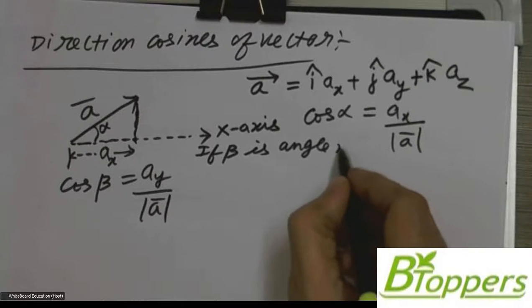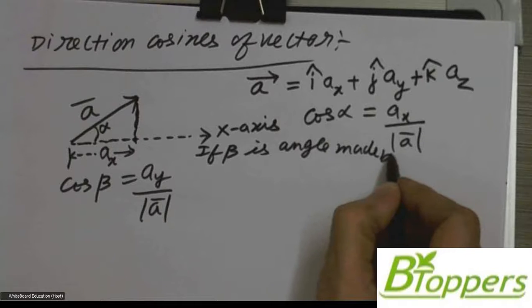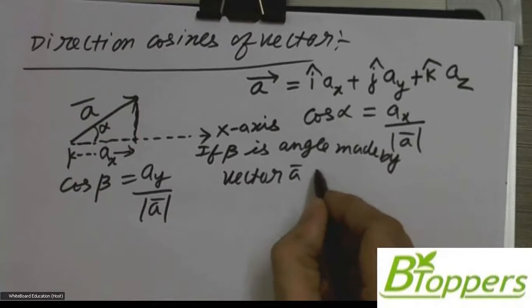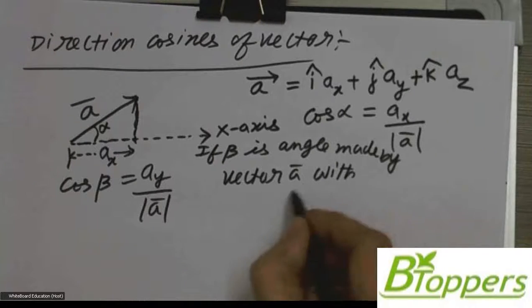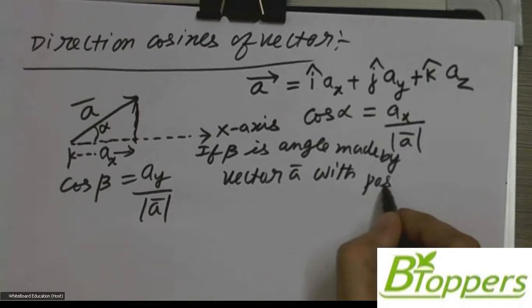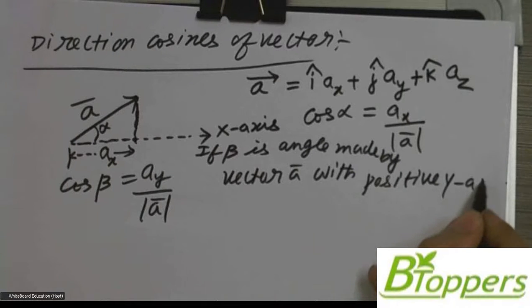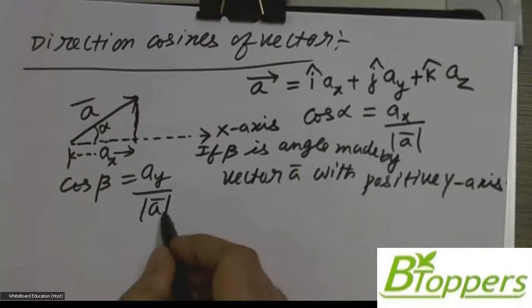Then we can write cos beta equal to AY by mod of A bar.